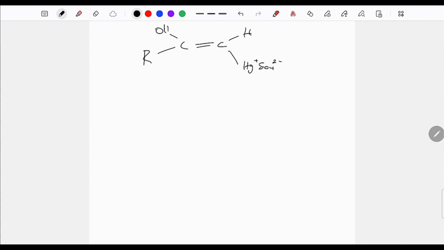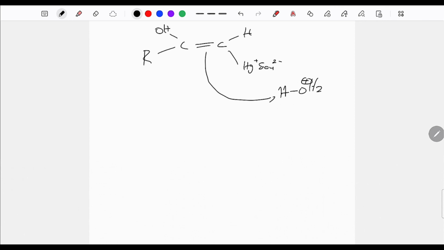So now the problem was we needed to get rid of this mercury. How do I get rid of my mercury? Well, I can get rid of my mercury by acid. So let's have my acid here. And actually, let's depict my acid better. OH2 there. There you go.